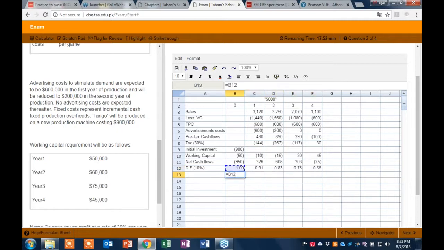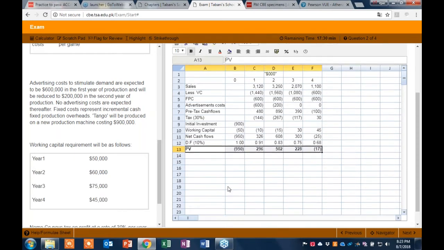And now we need to multiply the net cash flow with the discount factor to get the present values. Let's copy this figure and paste it here. Here we go. We've got present values. So let's calculate the net present value. Sum of all these.